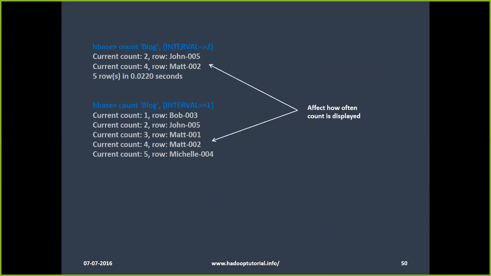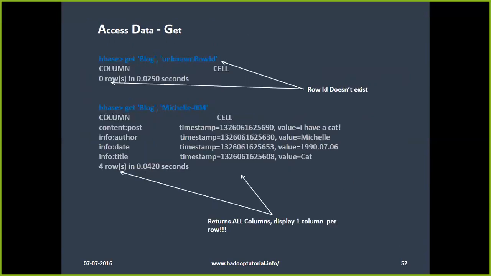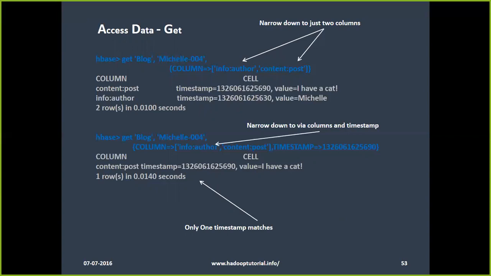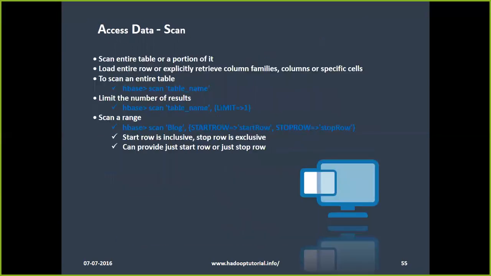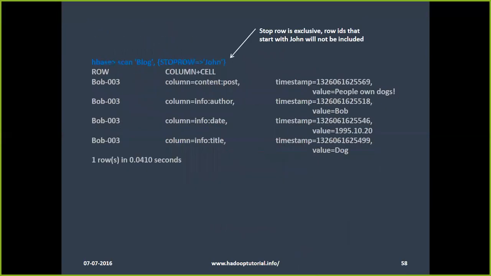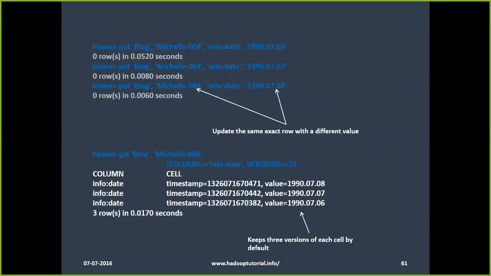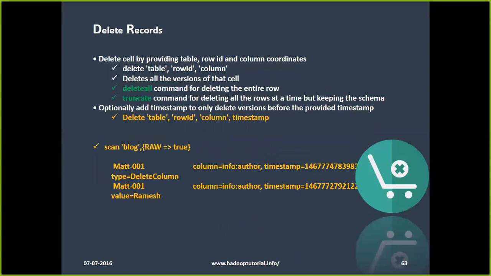So we have created a table, inserted records, and ran count queries and get queries, and get with versions, get with time range, get with columns limitations, and scans with start row, stop row, limit, and filters and the usage of filters also, the time range also, and updates we have seen, and delete records.